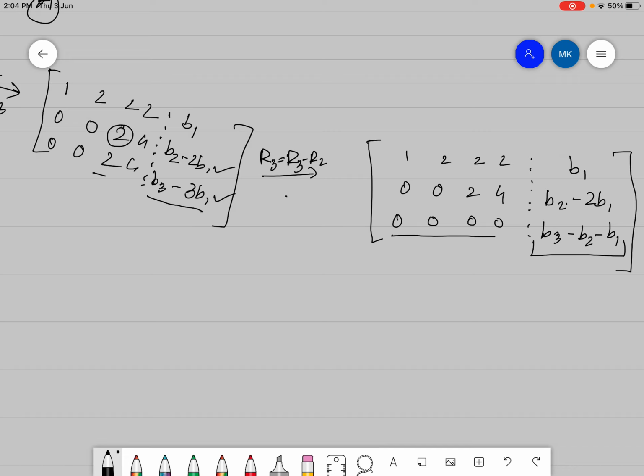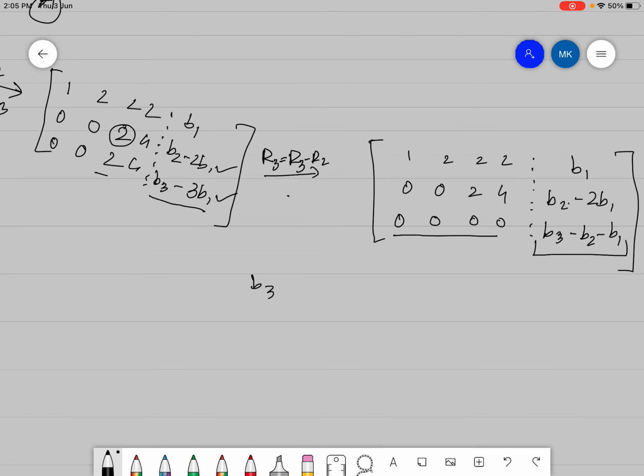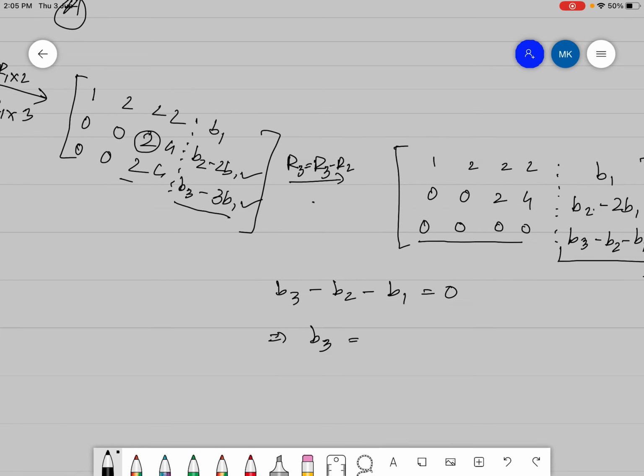So the solvability condition here is b3 minus b2 minus b1 has to be 0. That means b3 has to be the summation of b1 and b2.